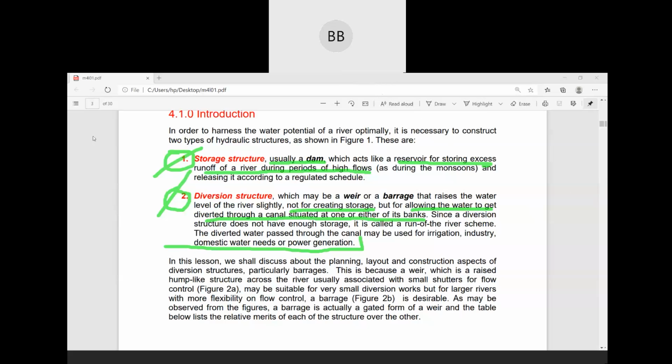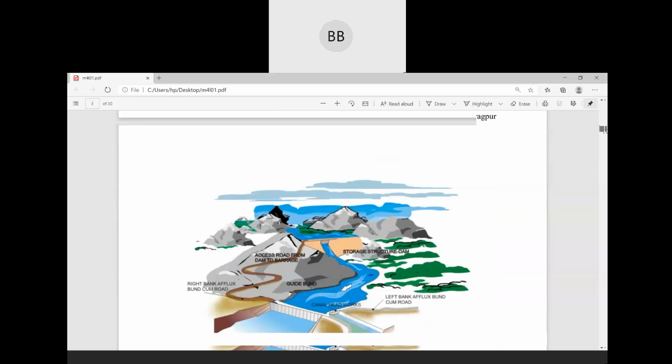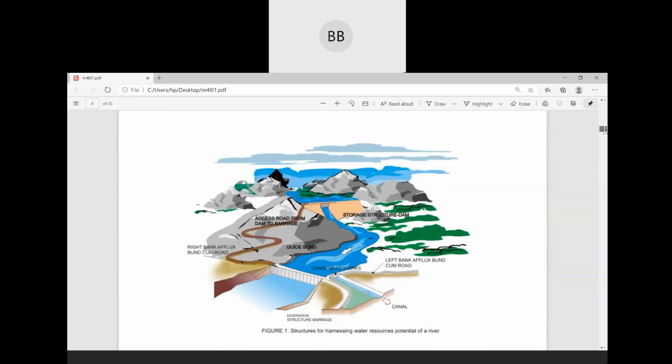Okay. So after that, we move on to the diagram. If you see this diagram, it will be more clear for you which one is your storage structure and which one is your diversion structure.